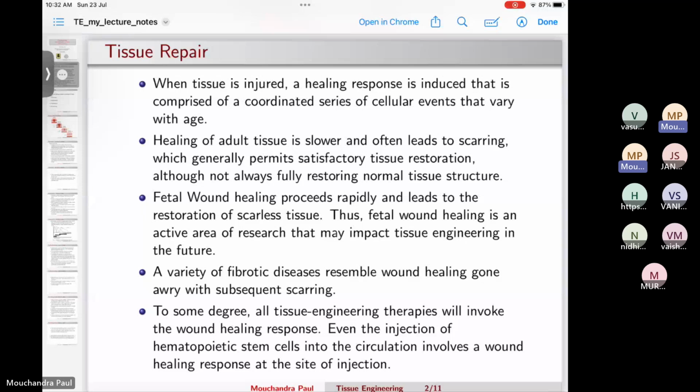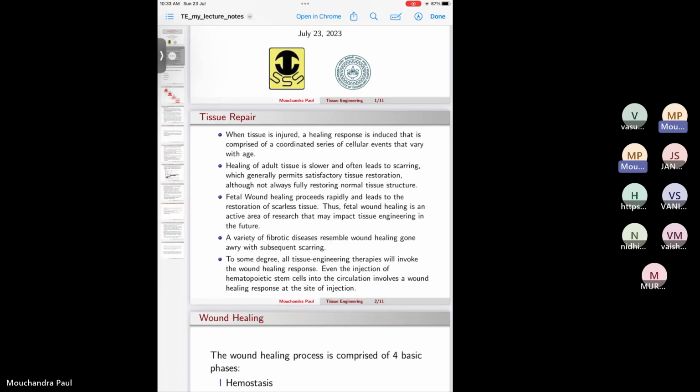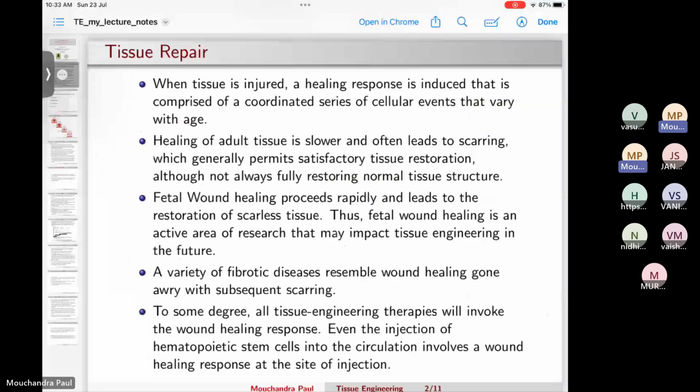So as I was saying, let's understand how the wound healing process happens in our tissue. So this wound healing process, as the name suggests, will only begin when there is some tissue injury. So it's a completely different process from the normal steady state process that we have seen, and it is a special process that takes place under special circumstances, that is when the tissue is injured.